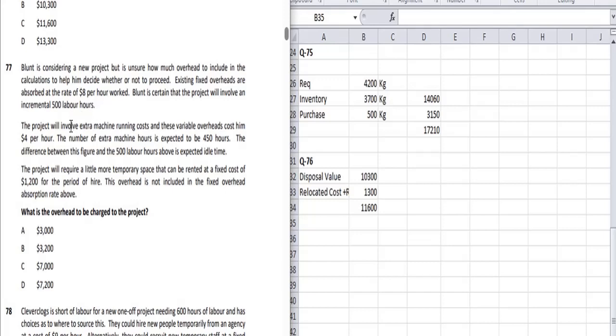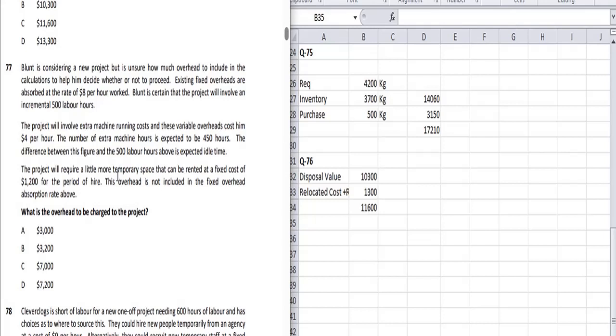Okay, the project will involve extra machine running costs, and this variable overhead costs 4 per hour. The number of extra machine hours is expected to be 450 hours, and the difference between this figure and the 500 labor hours above is expected idle time.